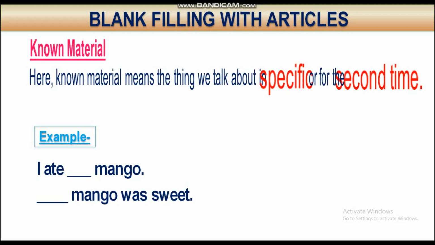So article a is used before the mango. But in the second sentence, mango is used for the second time and it indicates the mango mentioned in the first sentence. That is, mango in the second sentence is used in specific. So, article the will be used before the mango in the second sentence.